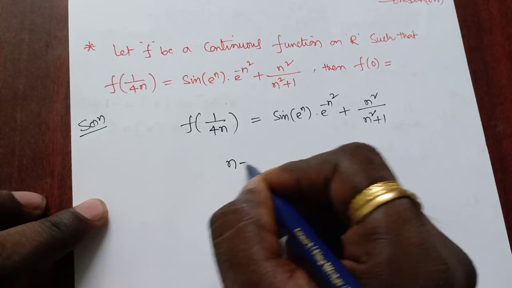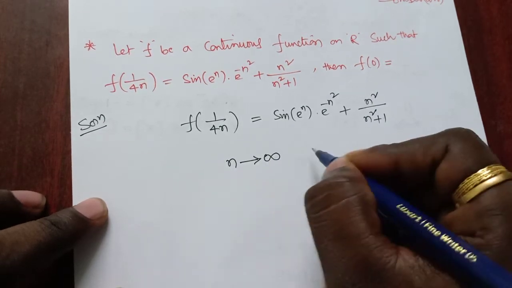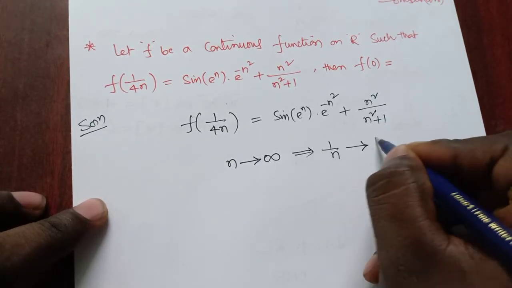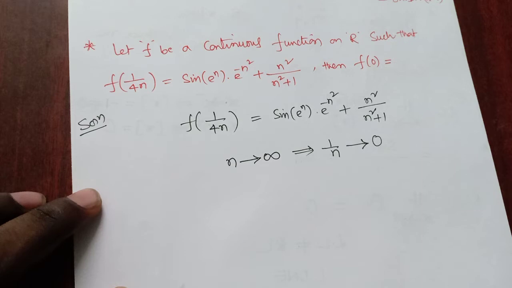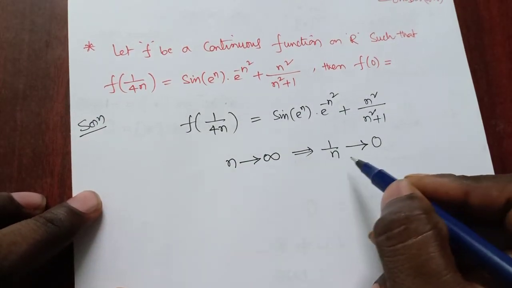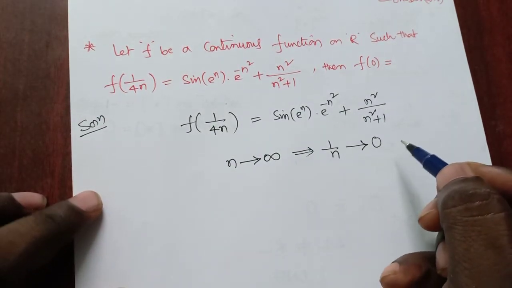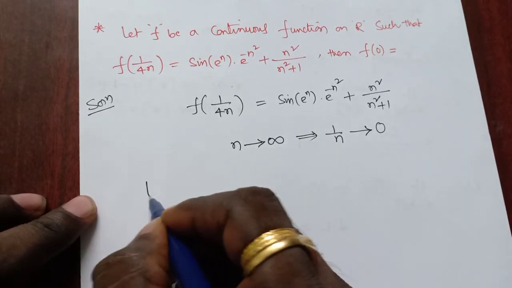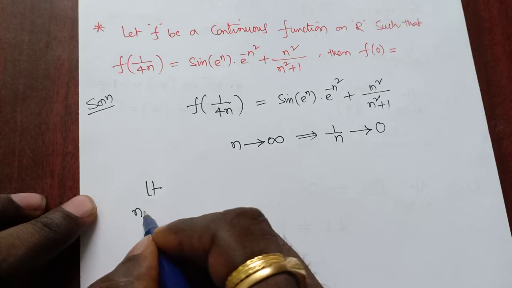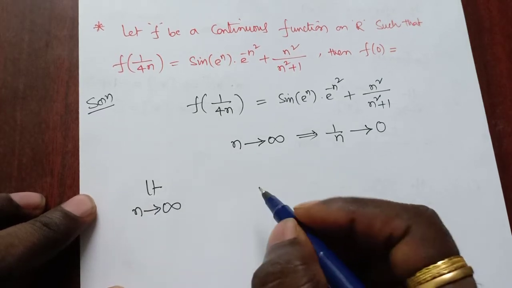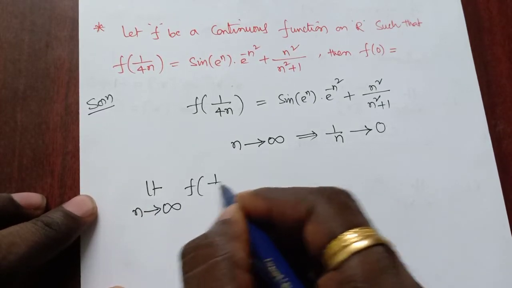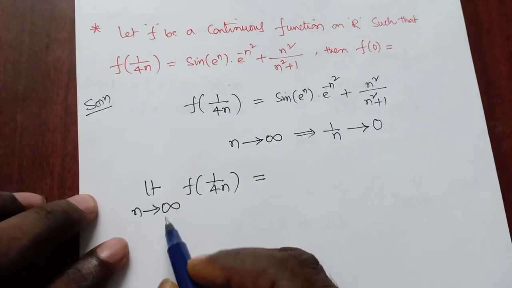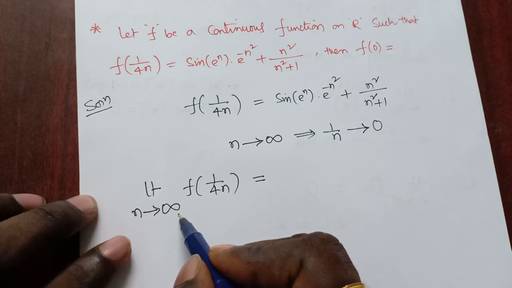We clearly know that as n approaches infinity, 1 by n approaches 0. That's why I am taking the limit on both sides. As n approaches infinity, limit of f of 1 by n is equal to, why am I taking n approaching infinity?